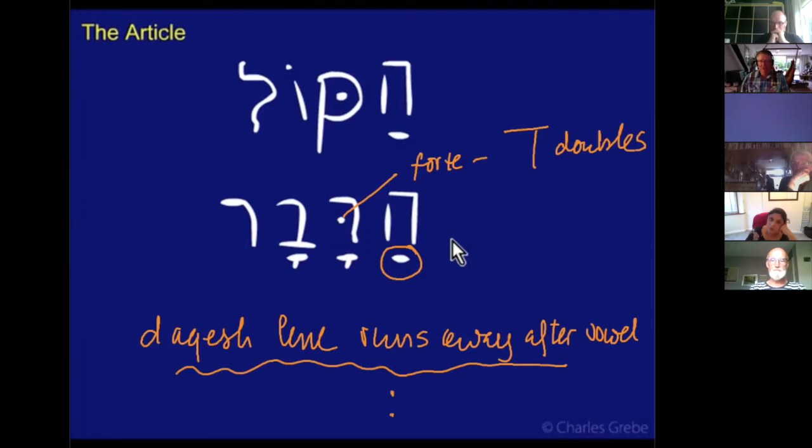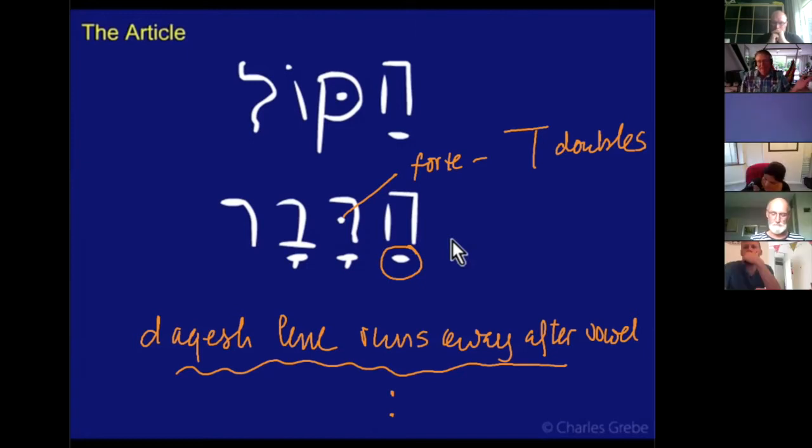When there is a schwa, dagesh lene is gone. So when you see a begadkefat letter inside a word, not at the beginning, because at the beginning it's always a lene, but when you see a begadkefat letter inside a word and there is a preceding vowel and there is still a dot, then it's a double.